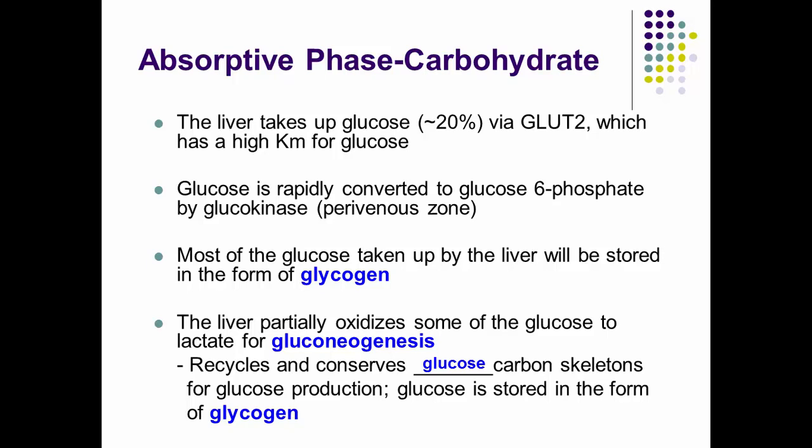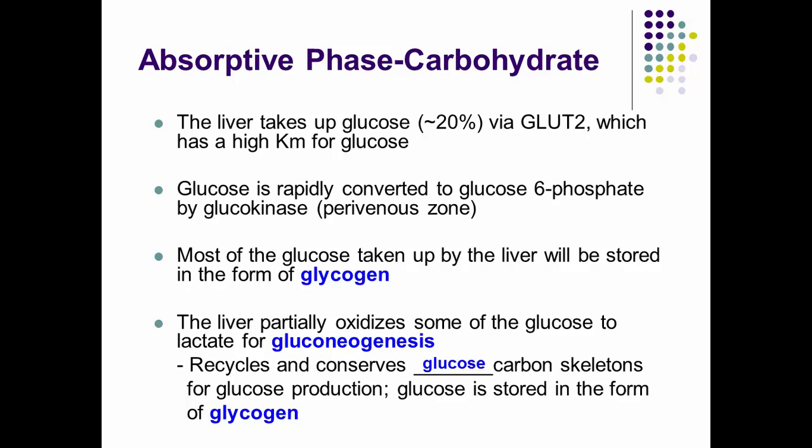So once this glucose is produced, it is usually stored as glycogen in the liver in the fed condition. Again, the liver metabolizes 20% of glucose from the diet, and the majority of the glucose in the liver is converted to glycogen and stored in the liver.